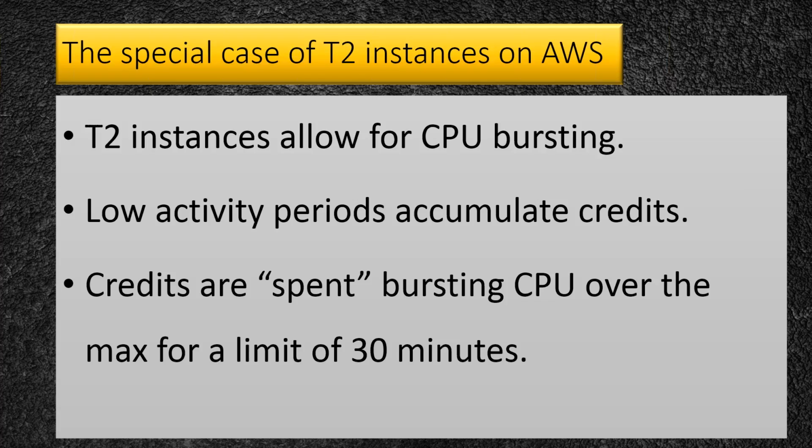So if you have your entire amount of credits filled up, you would be able to run CPU at 100% for 30 minutes. If you're running something different, like not at 100% but at 60%, then you will be able to burst for a little bit longer because you're not going all the way to 100%. So if you're running at 50%, then you'll be able to keep that up for an hour. That's the way it works.